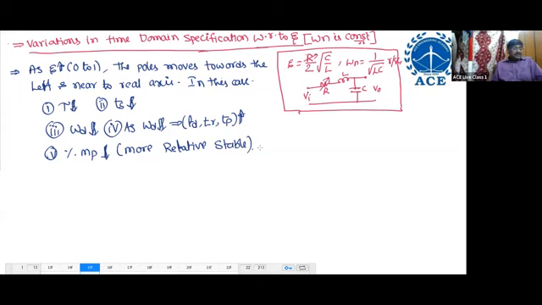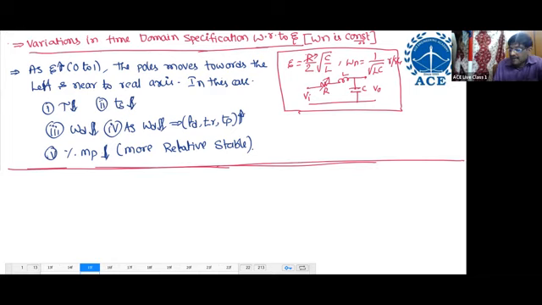These are the time domain specifications. Next heading is steady state errors. Put the heading. Okay, good. Next, steady state errors.